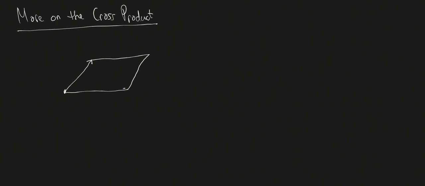And if I happen to know the vectors that define two essentially concurrent sides like this, u and v, then we showed that you can find the area of this parallelogram by computing the cross product of the vectors u and v, and then computing the magnitude. And this is a two-dimensional problem because you're finding the area of this two-dimensional shape or region.